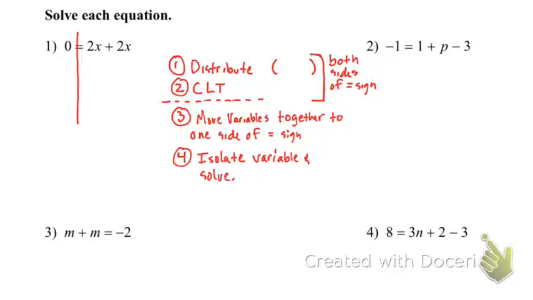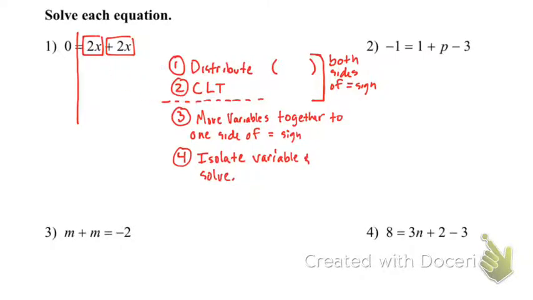What like terms are is when you have the same variable. So if you look, x and x. And again, it has to be on one side of the equal sign, not on opposite sides. So we have the same variables here, which means they are like terms, which means I have to combine them. When we say combine, we're going to add or subtract them depending on the sign.